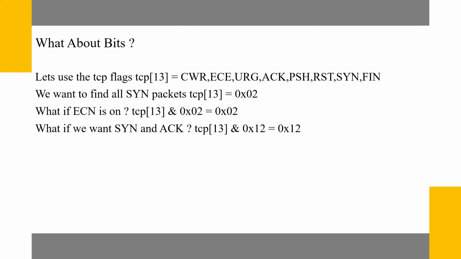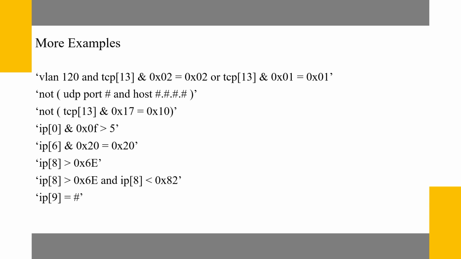So here is a bit example. If ECN exists and we don't care for either the URG flag or the ACK flag, we can AND it with 0x2. But if we don't want to see the urgent and the ACK flag either, we would AND it with 0x32. So here are a few more examples to get you going.